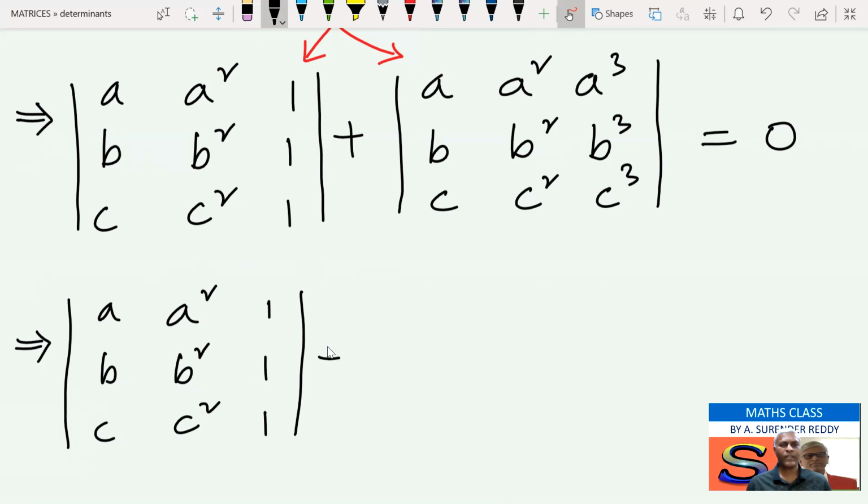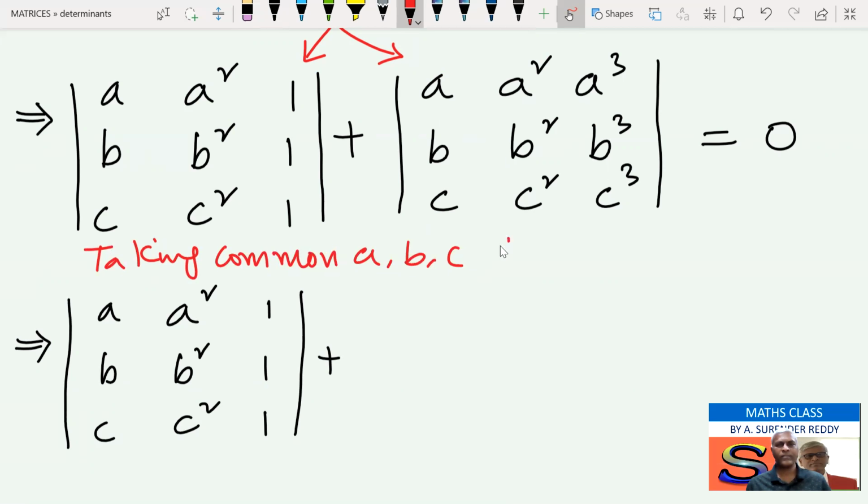So here, A, A square, A cube. I am taking A from R1, B from R2, C from R3. So taking common A, B, C from R1, R2, R3 respectively.